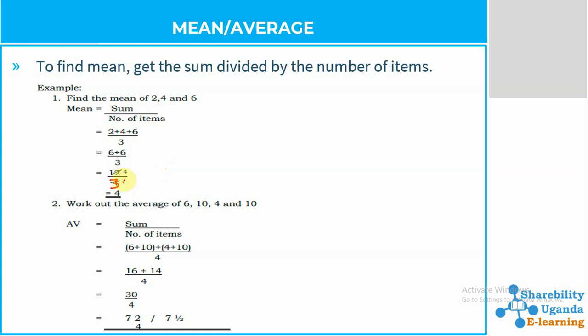When you say 12 divided by 3, we get 4. That is how we get our mean.